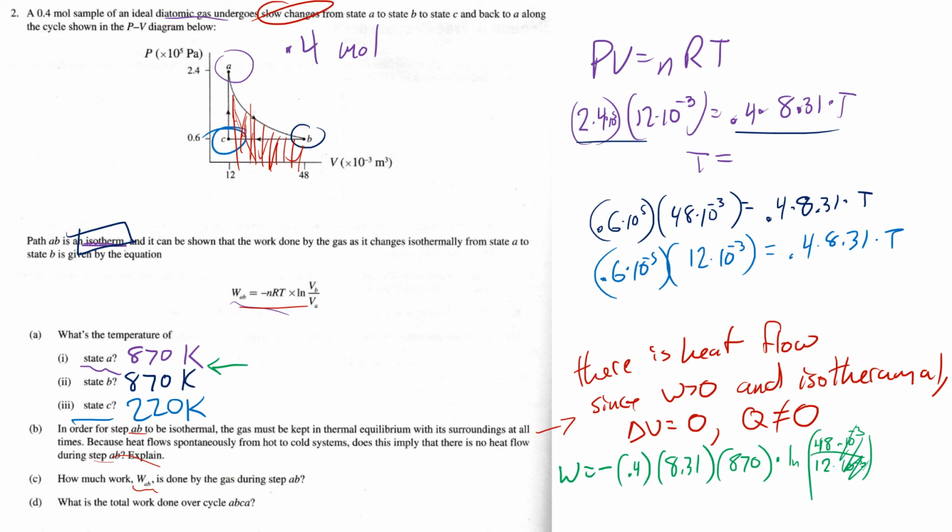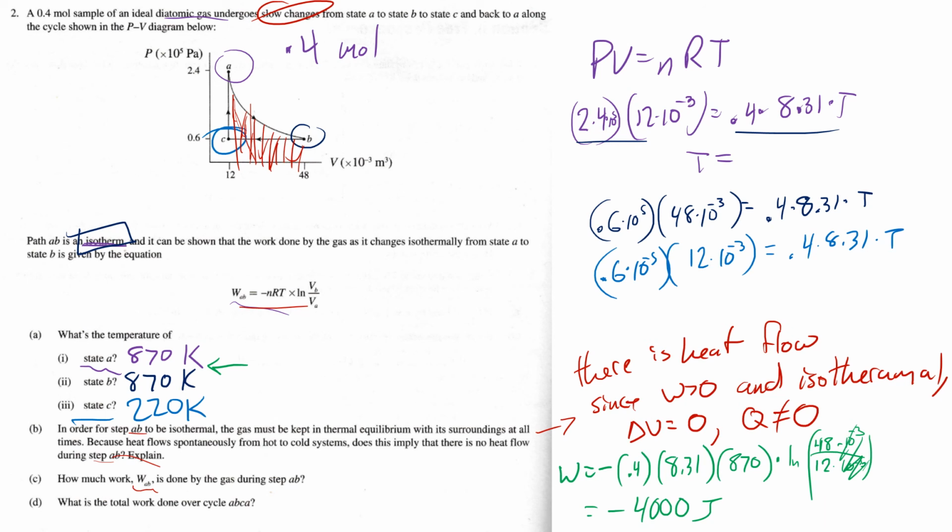So all you got to do is type that in, and you are going to get negative 4,000 joules. So nice. What that is talking about is using that isotherm equation, the work done by the gas as it changes isothermally from A to B.